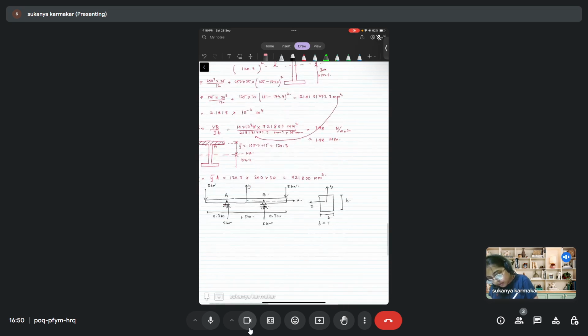Width b is 25 mm, height h is 75 mm. Under this loading, we have to find out the maximum bending stress at the midspan of the beam.